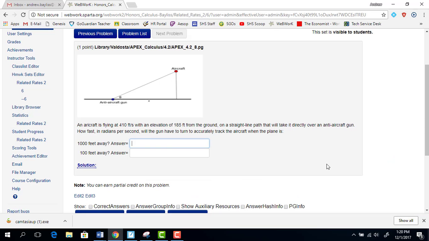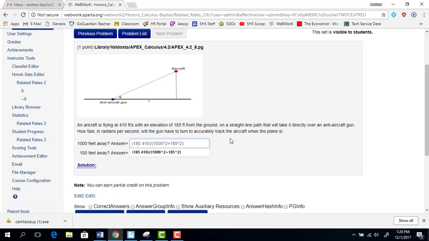All right, so here I am in WebWork. I'm looking at the problem, and I'm just going to type in my answer the way it was there. I'm not going to use my calculator. I'm going to use the program as a calculator, and I'm just going to type in 185 times 410, using a space in between the 185 and 410 to denote multiplication, and divide by 1,000 squared plus 185 squared.